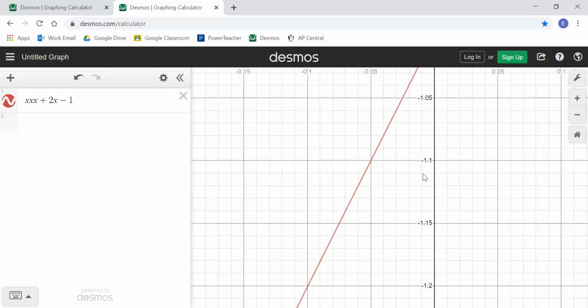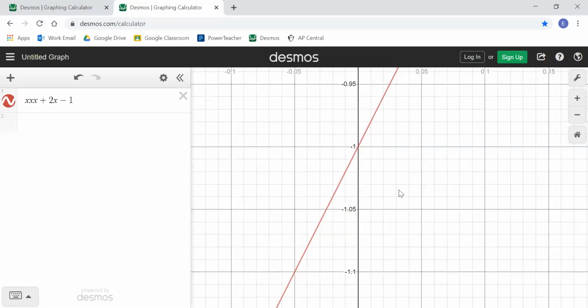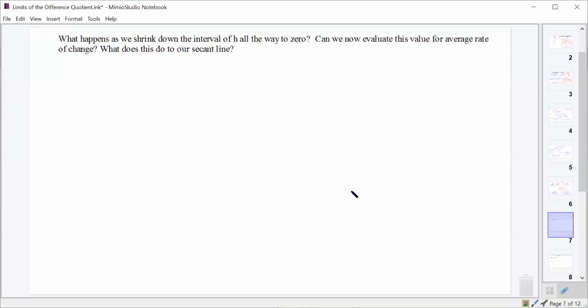And the smaller the interval that I make, going towards 0, instead of the line touching the graph in 2 different places, it's only going to touch the graph in one single place. And what do we call a line that touches a graph in just one single place? A tangent. Right, this is called a tangent line. So it's going to turn our secant line into a tangent line.